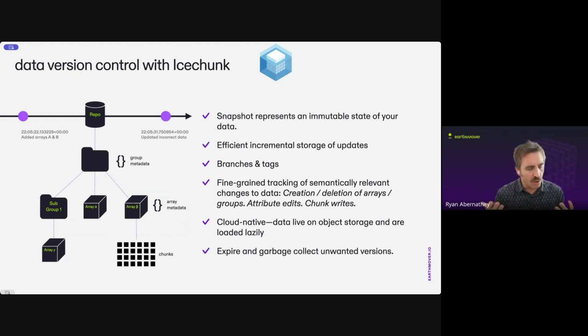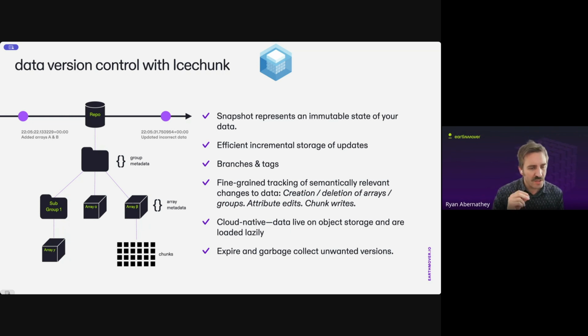Just like if you open a Git repository and check out a specific Git commit hash, you'll always go to the same state of the code. And so Icechunk, similar to Git, allows efficient incremental storage of updates. So this is the data model: arrays, groups, metadata, chunks.